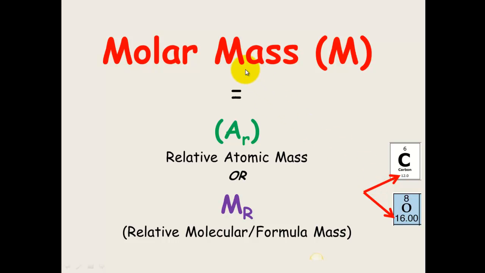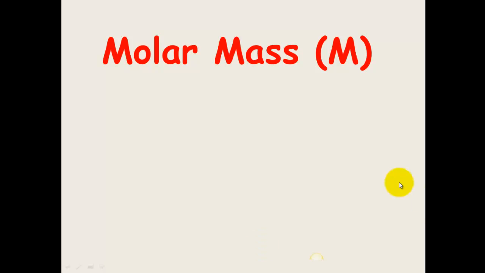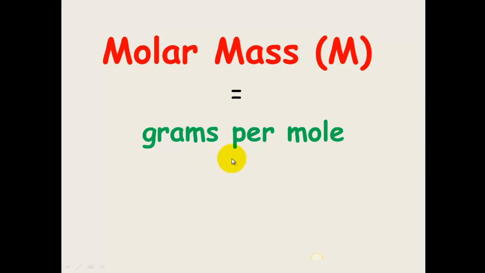So molar mass you can work out just by looking at these mass numbers, because it's the same as the relative atomic mass for 1 atom or the relative molecular or formula mass if it's a compound. So molar mass unit-wise equals grams per mole. It's how much 1 mole weighs. So it's how many grams 1 mole weighs.